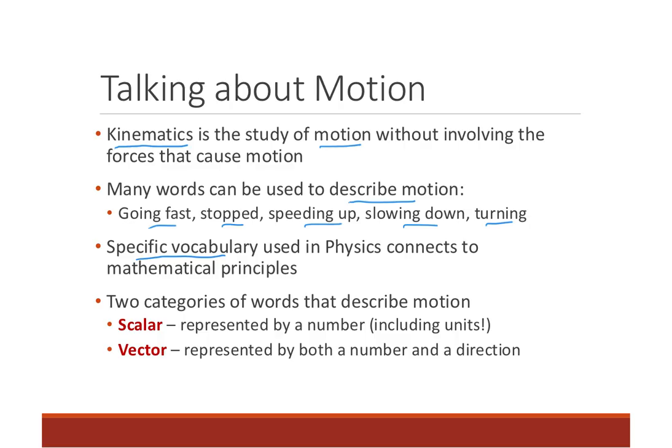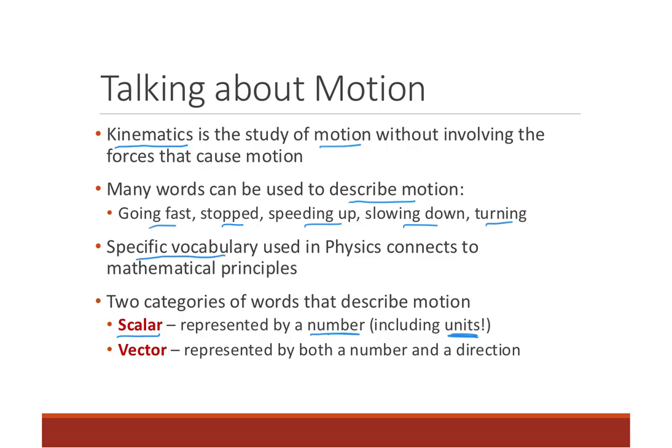vocabulary. In general, there are two main categories of words that describe motion, and you need to get these straight in your head. There are scalar words. Scalar words are words that are motion that is represented by a number, of course, including the units always. Numbers by themselves don't mean anything in science.